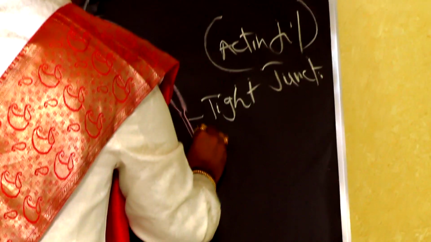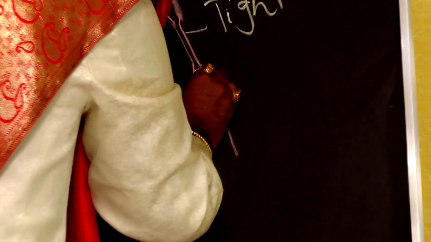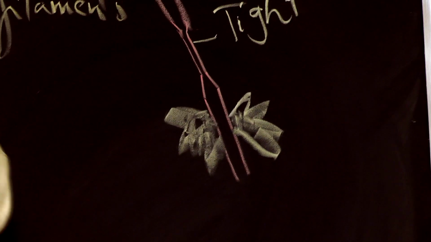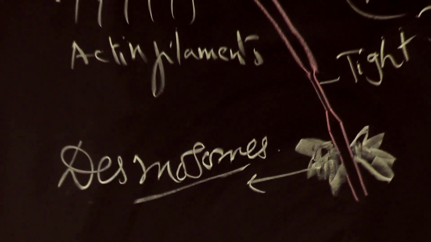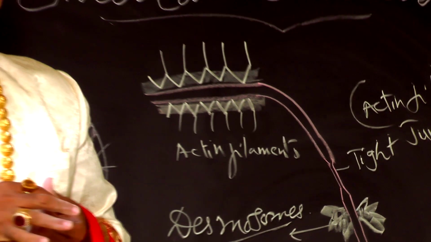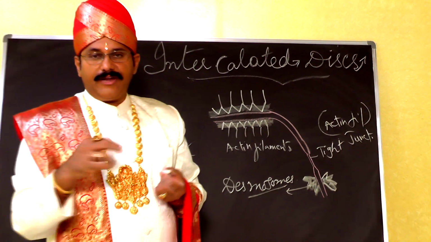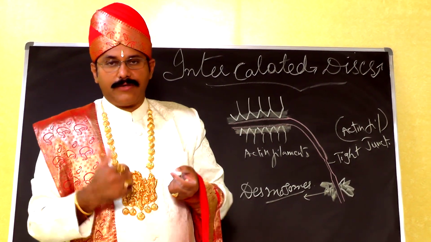Then we have got the desmosomes. What you are seeing here is nothing but the desmosomes. Now what are they doing? The desmosomes are linking the fibrils between the adjacent myocytes.